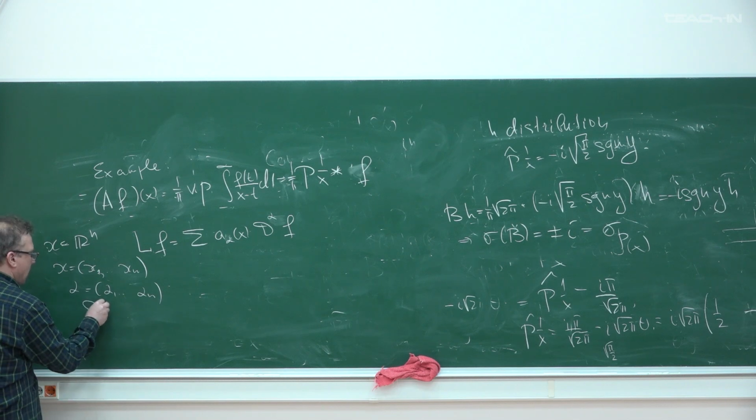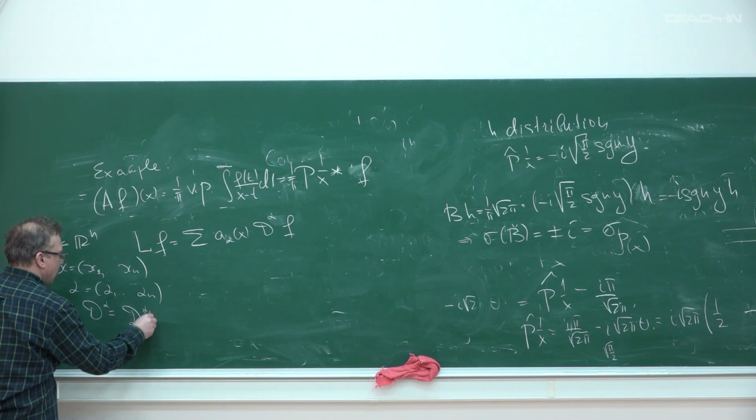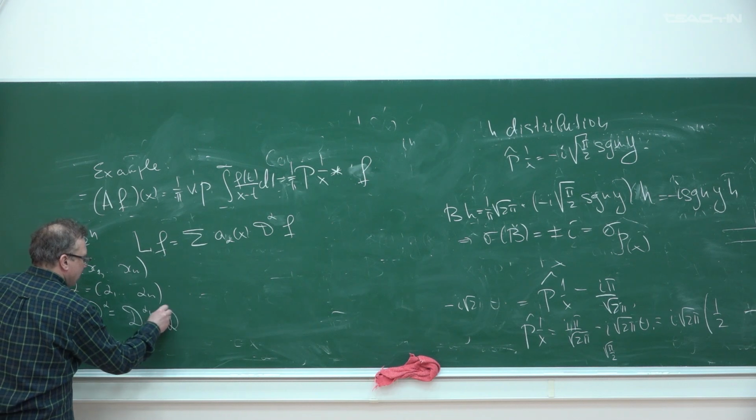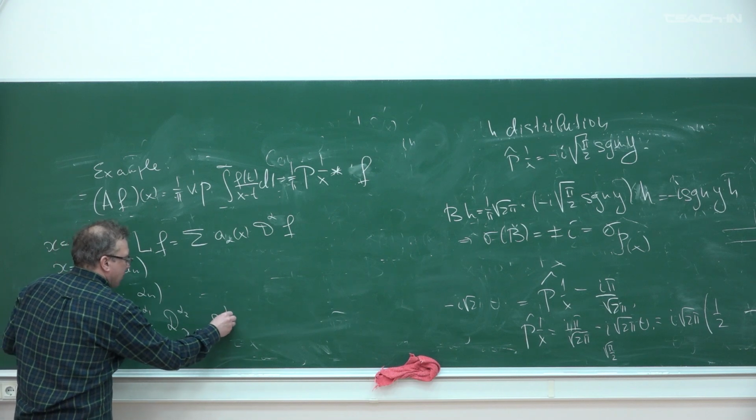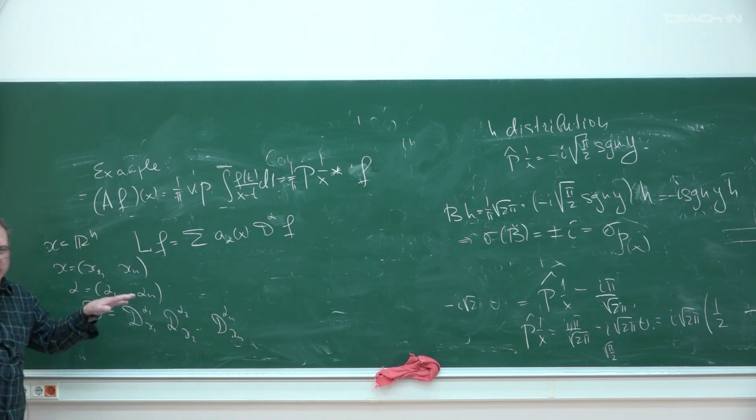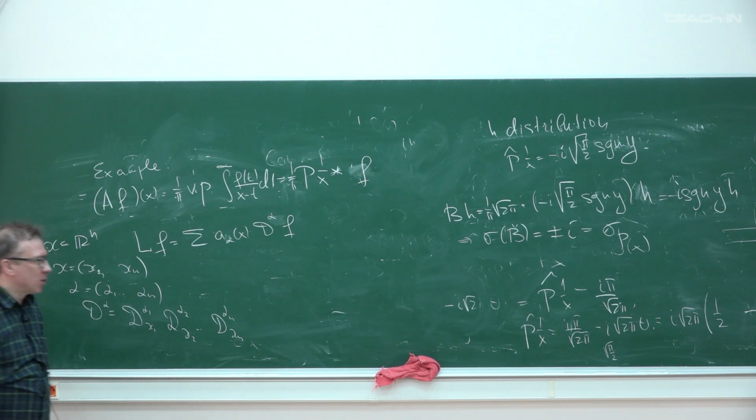D alpha equals d alpha 1 x1, d alpha 2 x2, d alpha n xn. Partial derivatives, maybe. Partial derivatives.